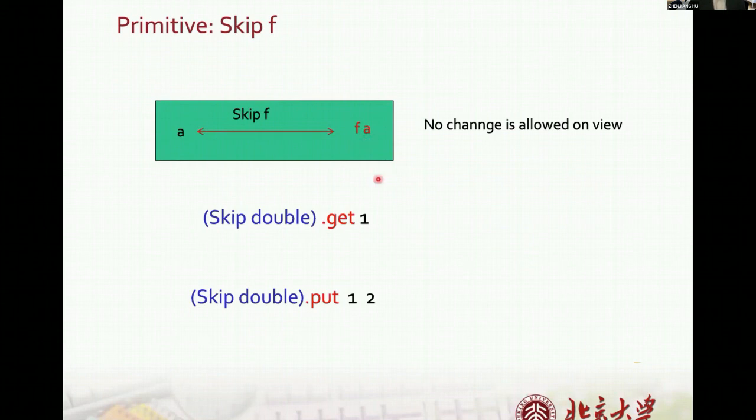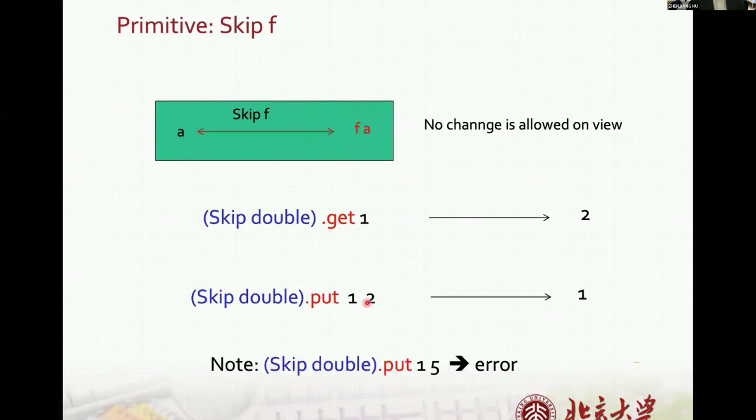For example, you use the double function to do get, then you double it, it becomes 2. If you don't change the 2, it's okay. But if you change something, you will get an error. So this provides a way to fully embed the view in the source, or completely disallow any change of the source.